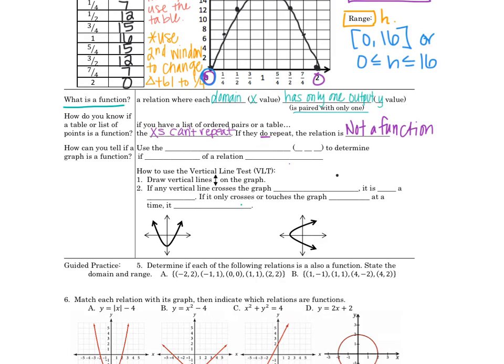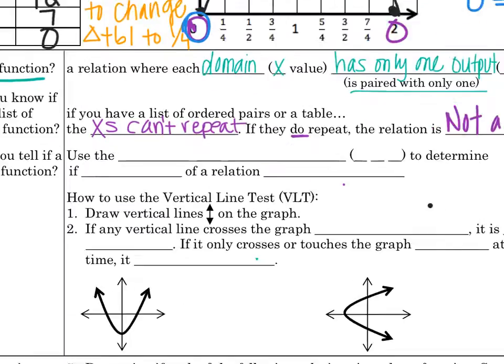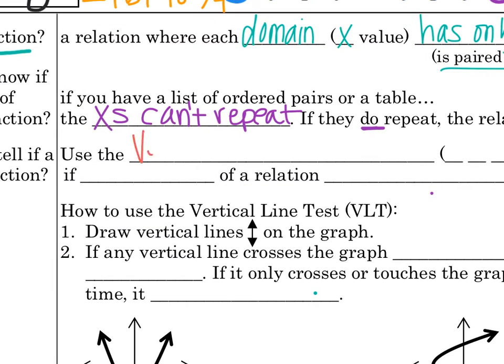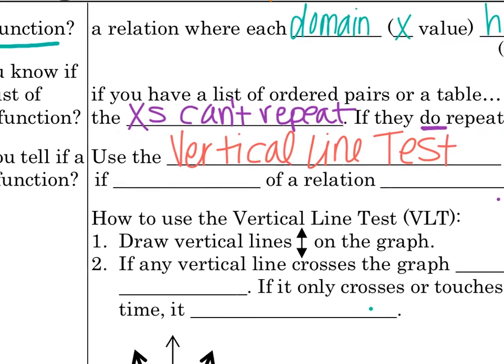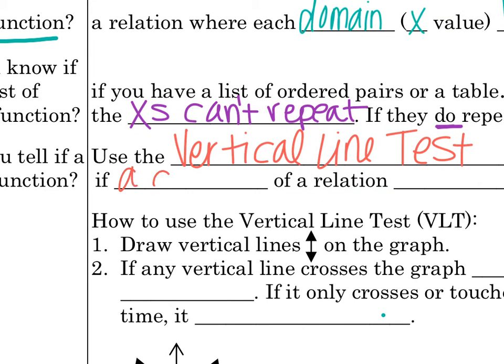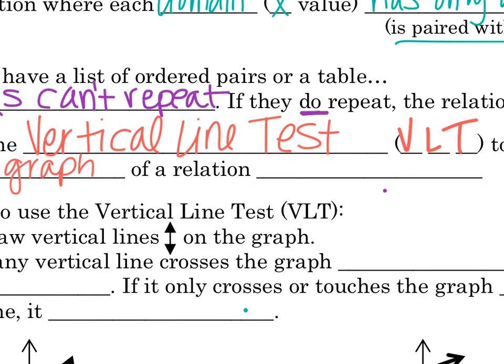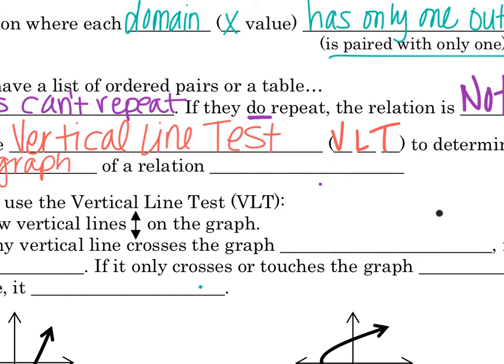Okay, how can you tell if a graph is a function? This is where we use the vertical line test, also known as VLT, to determine if a graph of a relation is a function or not.